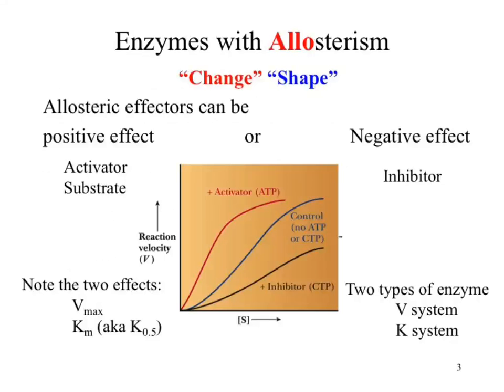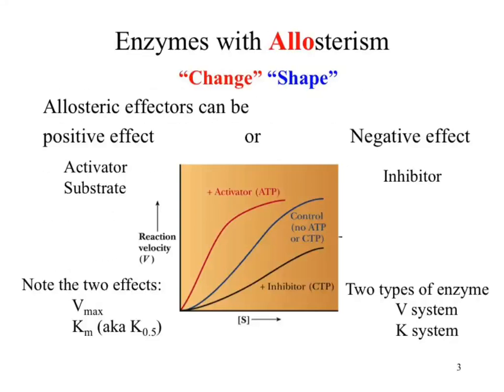Actually, I'm not sure if it's allosteric, but it's definitely a positive effect. Then we could also look at a negative effect, and in those cases, we're just looking at an inhibitor. The inhibitor, I guess it could technically be the substrate too, I can think of some cases. Something binds to our enzyme, changes the overall structure, and it now prevents the binding of something else.